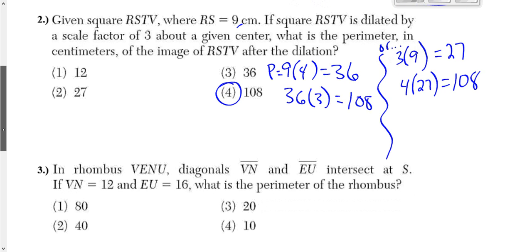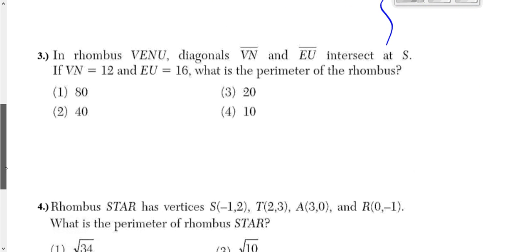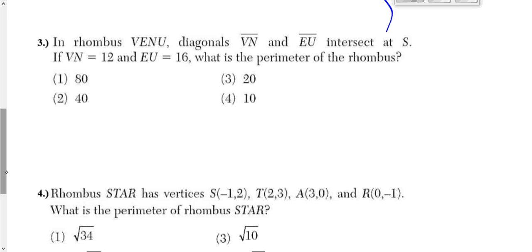Number 3, you're going to want to make a sketch of. What's the shape? What do you know about rhombi? It's not a square. Opposite sides are parallel. Well, that's because it's a parallelogram. When we're going around this, we got more criteria. All 4 sides are congruent.